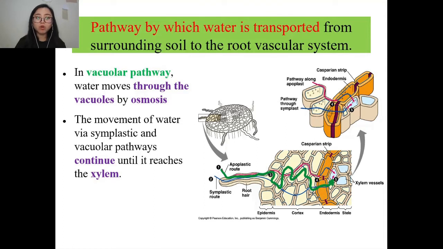The movement of water via symplastic and vacuolar pathways will continue until it reaches the xylem. Kalau dari mula dia adalah symplastic ataupun vacuolar pathway, dia memang terus saja sampai ke xylem. Kalau dia mula sebagai apoplastic pathway, bila dia sampai Casparian strip, dia mesti berhenti dan bergabung dengan pathway yang lain.